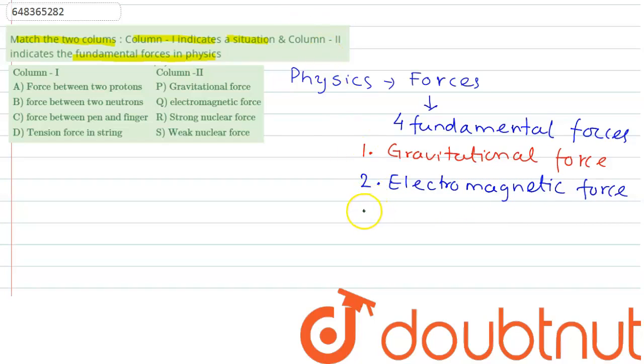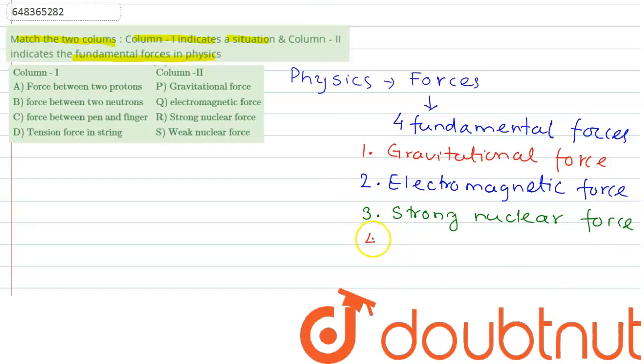The third fundamental force is strong nuclear force. In the nucleus there are nuclear particles, which we call nucleons. The interaction between them is basically strong nuclear force, which holds the nucleus together.